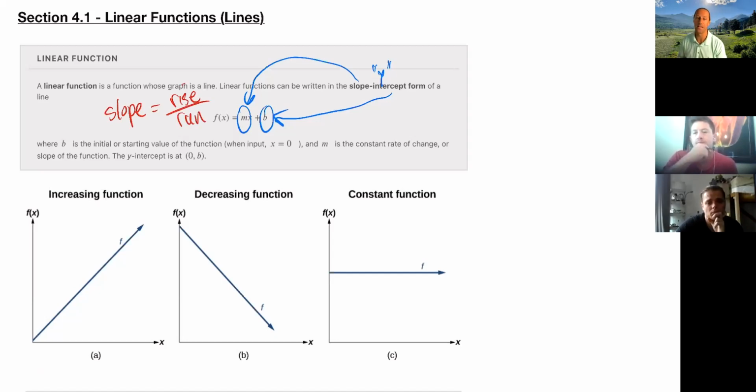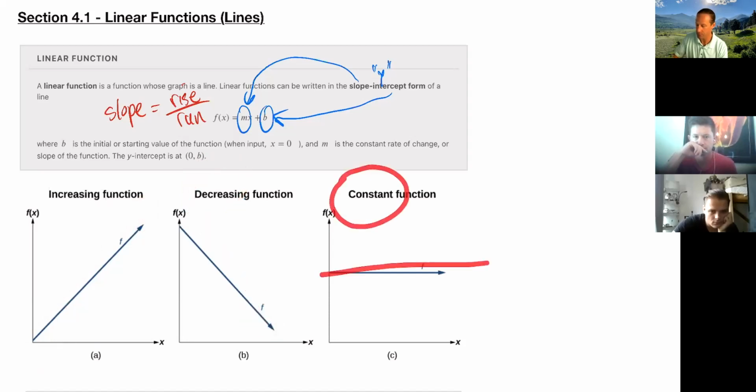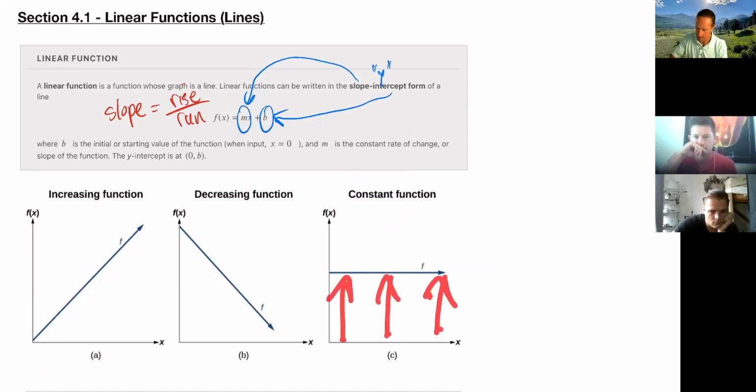Remember, we also talked about increasing or decreasing. So we said that we would read that from left to right for our x values, smallest to biggest, and see what our y values do, whether that's up and increase or down and decrease. Now, this is obviously called the constant function because what are our y values going to be constantly as our x's get larger?